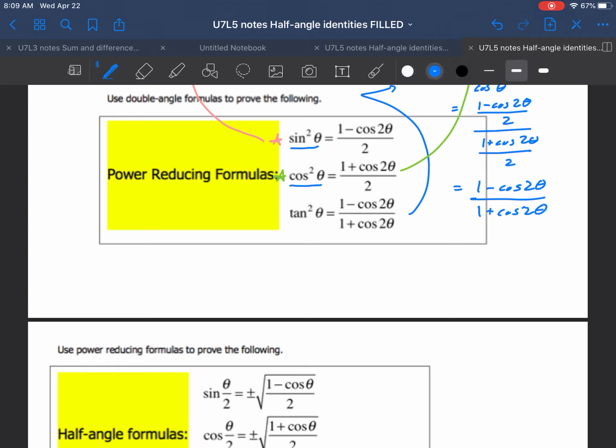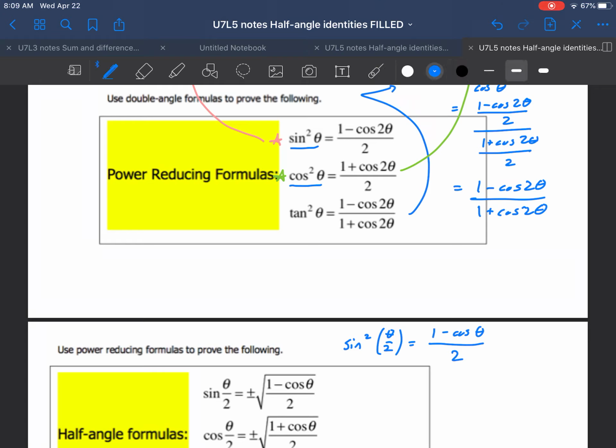If we take this and we rewrite it, we could say that sine squared of theta over 2 is equal to 1 minus cosine theta over 2. Okay, so all I did there was, instead of having a theta, I got a theta over 2, and then instead of a 2 theta, I've got theta over 2 double, which is theta.